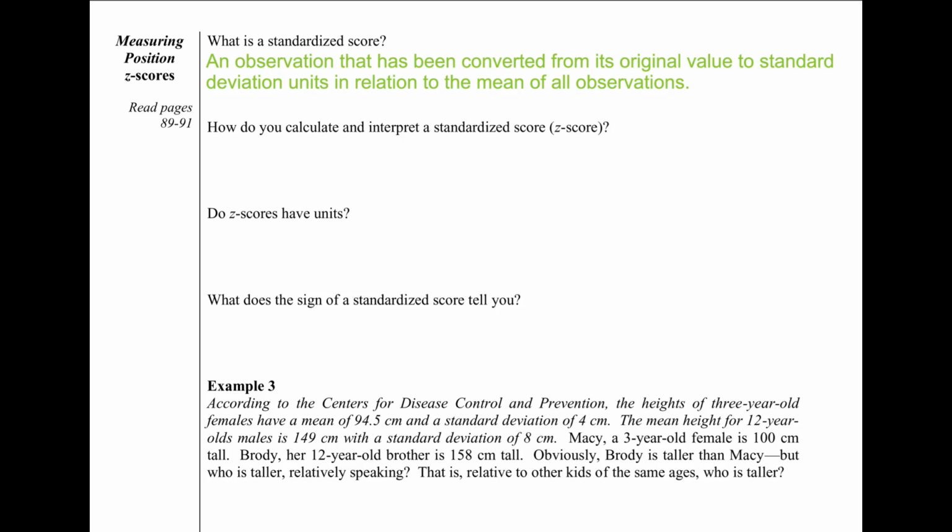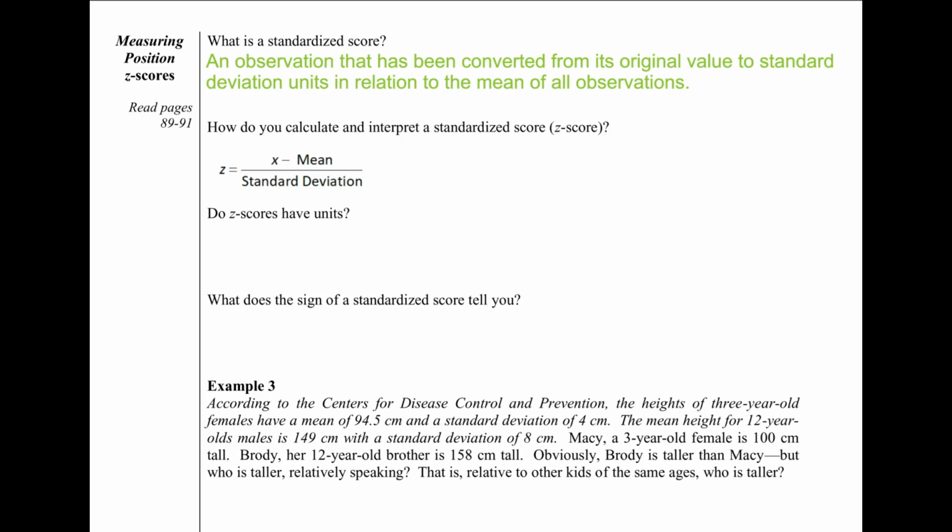So the next question asks, how do you calculate and interpret a standardized score or a z-score? Let's start out with the formula. The formula for calculating the z-score is your x, which is your single observation, subtract the mean and divide that value by the standard deviation.